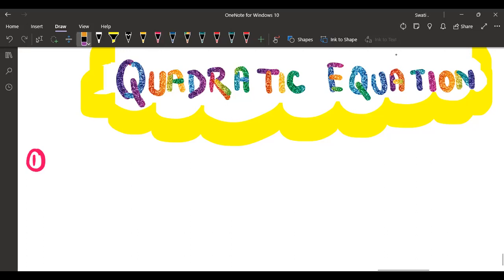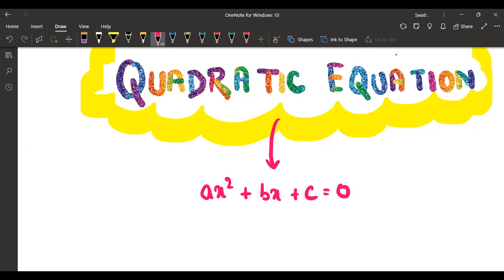Okay, before we start with the first question, let me tell you what a quadratic equation is. The general form is ax square plus bx plus c equals 0, where a is the coefficient of x square, b is the coefficient of x, and c is the constant. It's very important that we have at least the x square term.